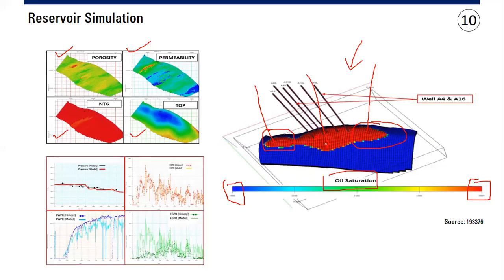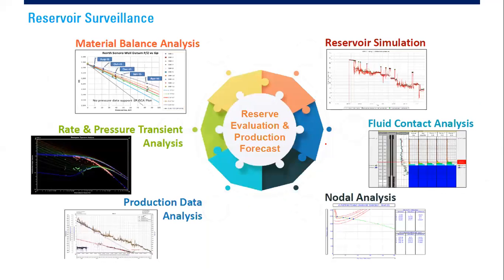All right. So yeah, those are the 10 analyses we do as reservoir engineers. As concluding remarks, as reservoir engineers, we do a lot of analysis: material balance analysis, rate and pressure transient analysis, production data analysis, nodal analysis, fluid contact analysis, water encroachment analysis, formation evaluation, and reservoir simulation.